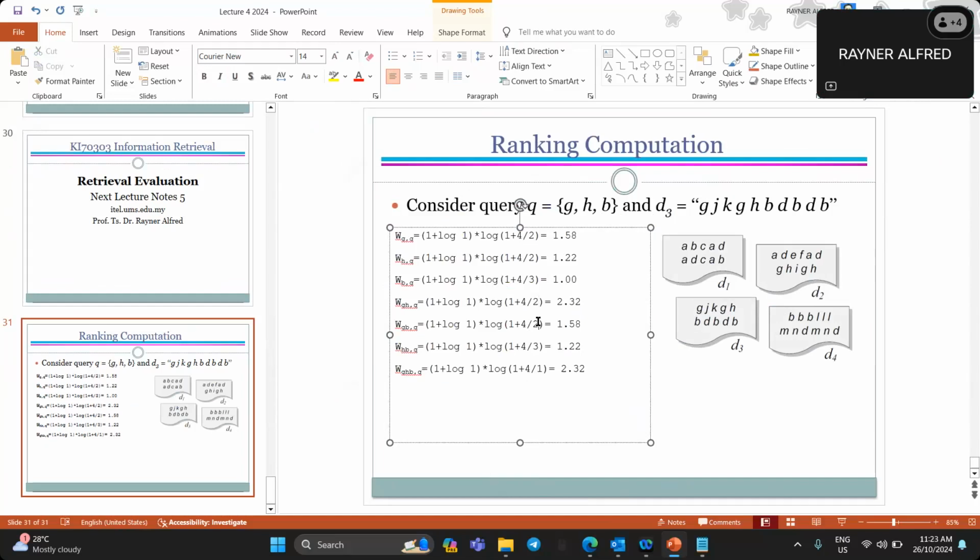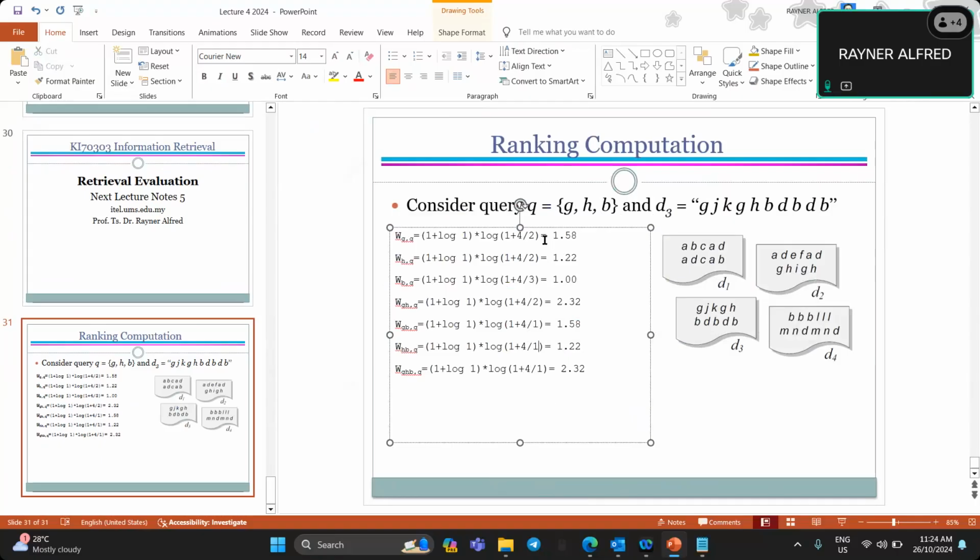And then for the GB, we have 1, right? And then for HB, we have 1, right? And then for GHB, we have 1.